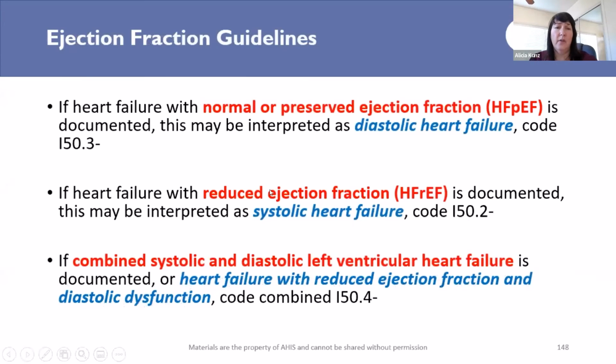If your physician has documented the ejection fraction, that can help you. If they say heart failure with normal or preserved ejection fraction, you can interpret that as diastolic. If they say reduced ejection fraction, you will interpret that as systolic heart failure. And if they say combined systolic and diastolic, or heart failure with reduced ejection fraction and diastolic, that will be considered combined, both of them, and you would assign a code from category I50.4. Next.